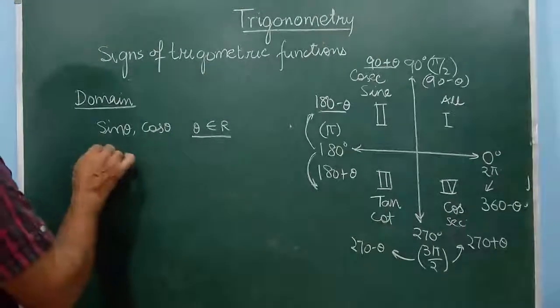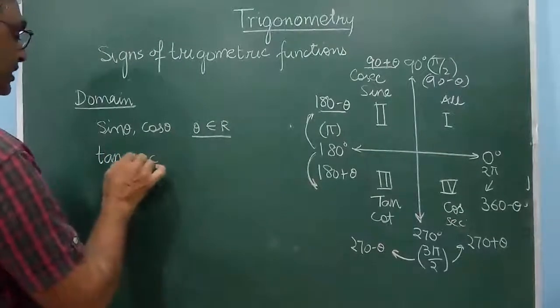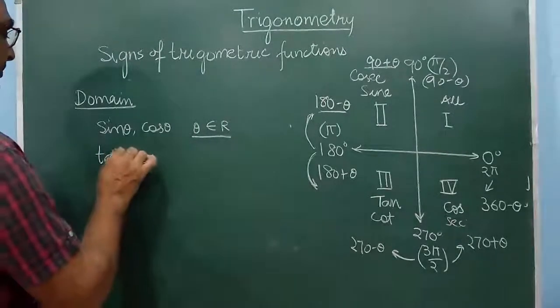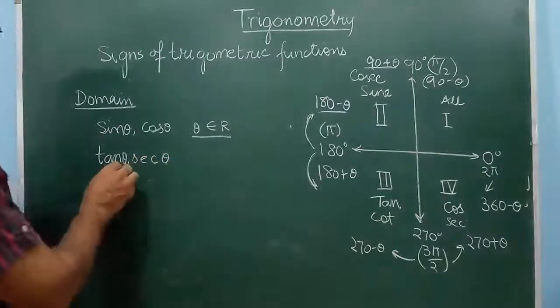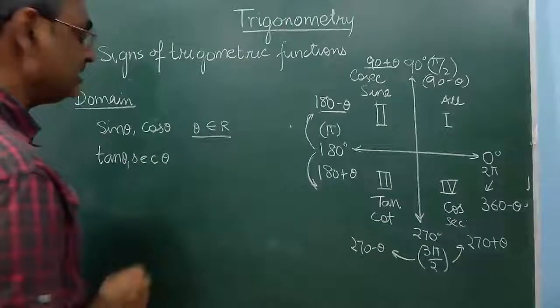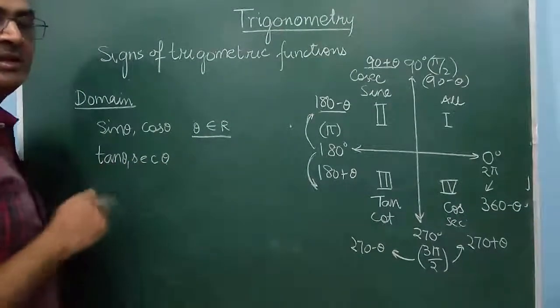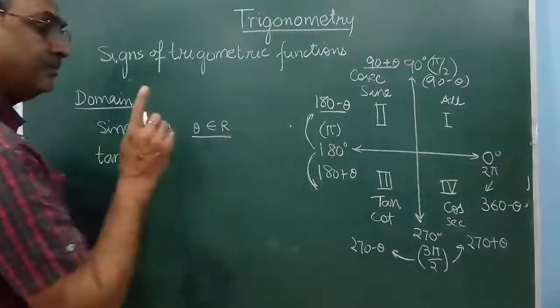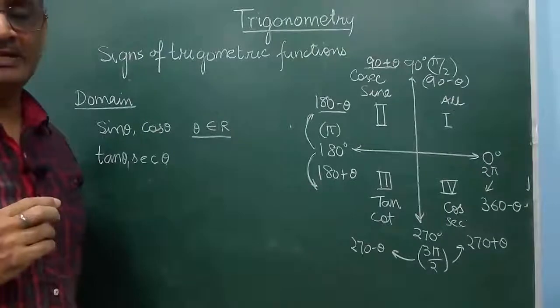Now tan and sec. Tan theta is sin theta by cos theta, sec theta is 1 upon cos theta. So both have cos theta in the denominator, and cos theta is 0 at odd multiples of 90 degree.